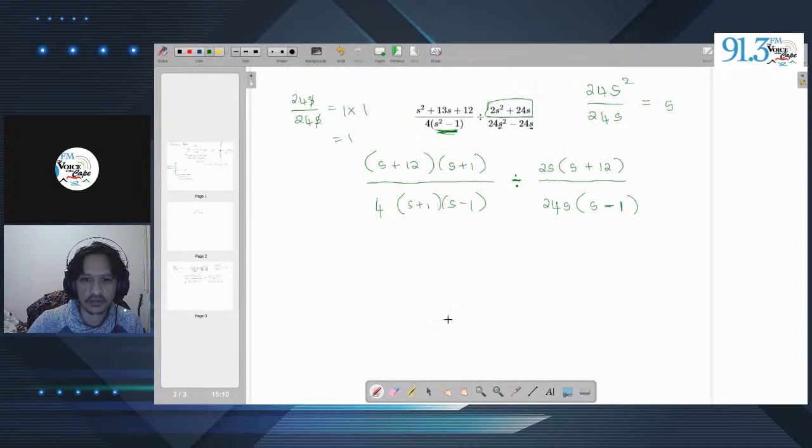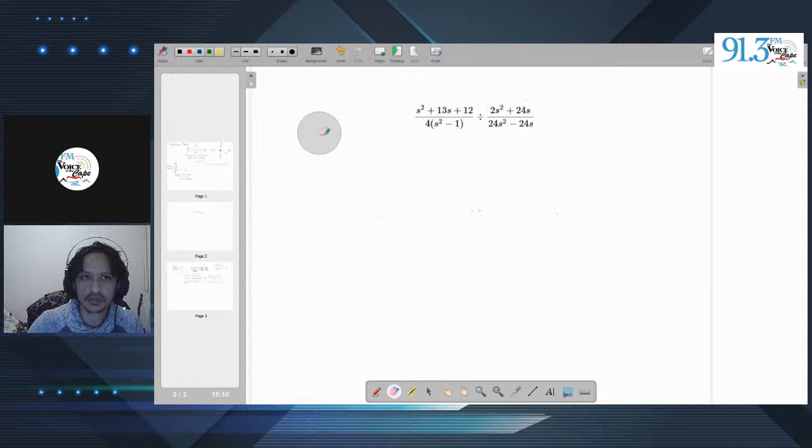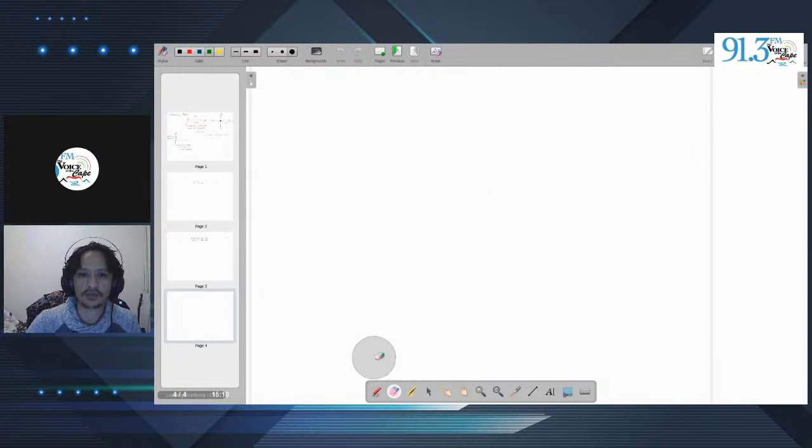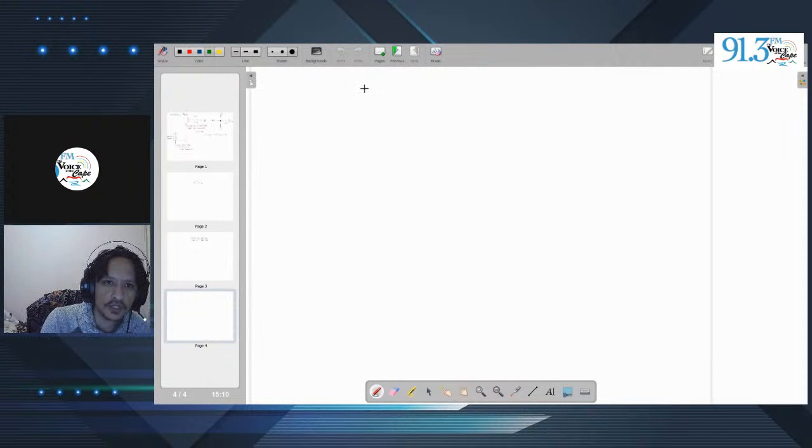So let me just clear this board quickly. First of all, let's look at an arithmetic sequence, just to put this into perspective.